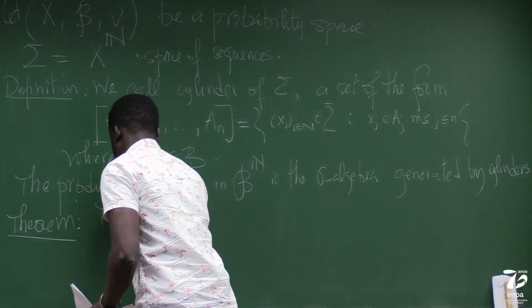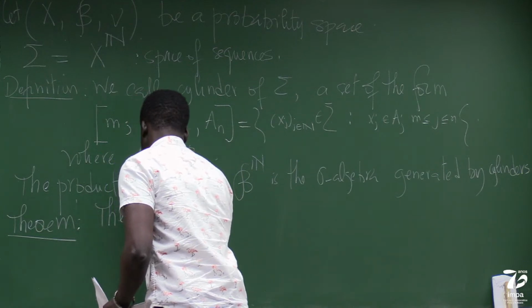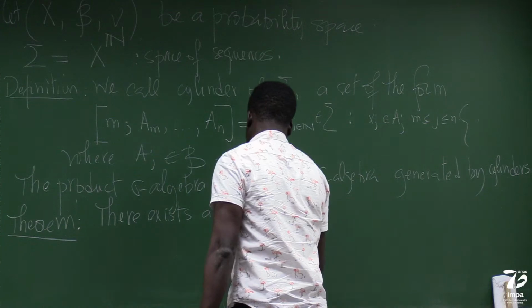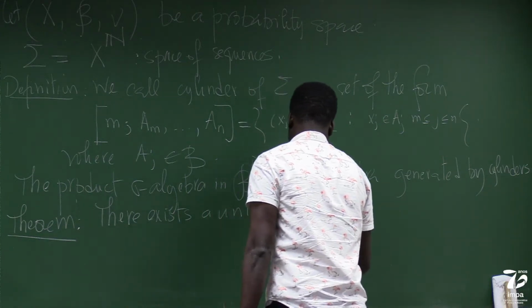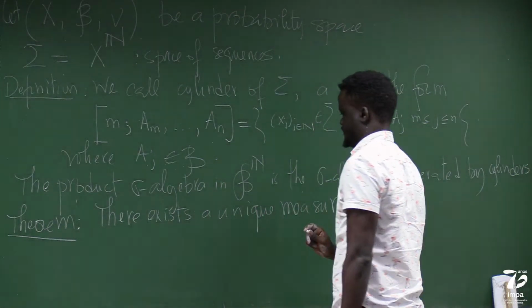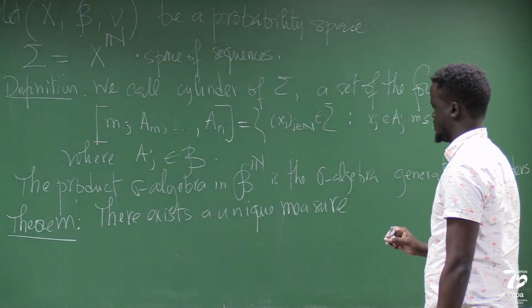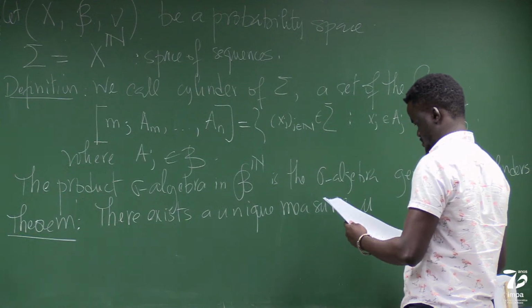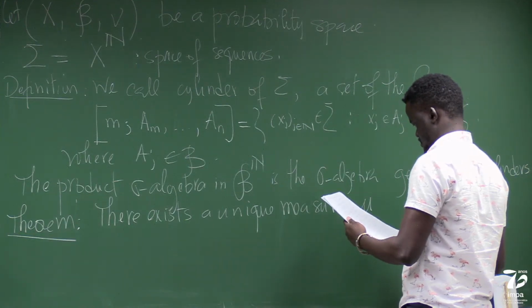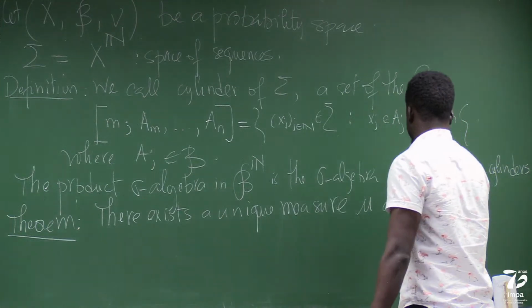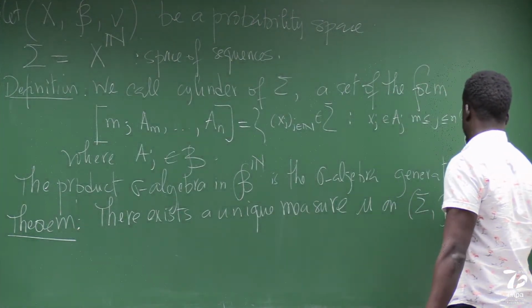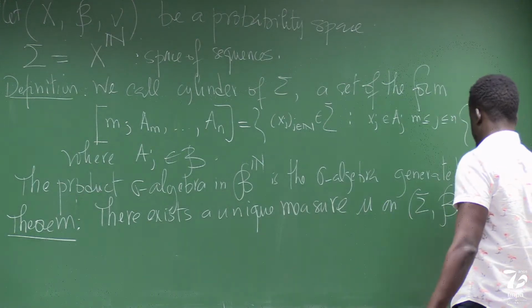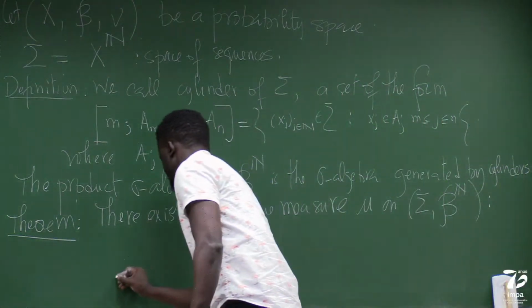That there exists a unique measure mu on sigma, B^N, such that there is a unique measure that satisfies this property.